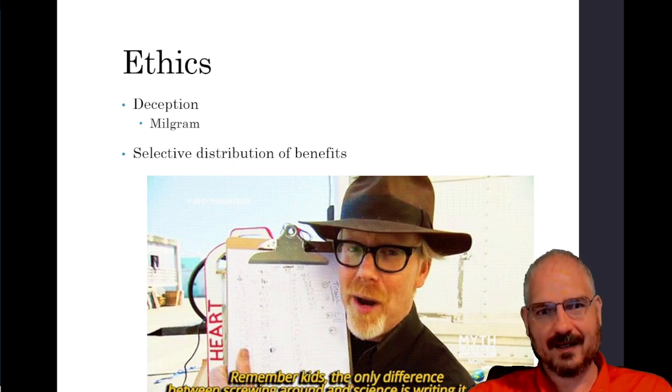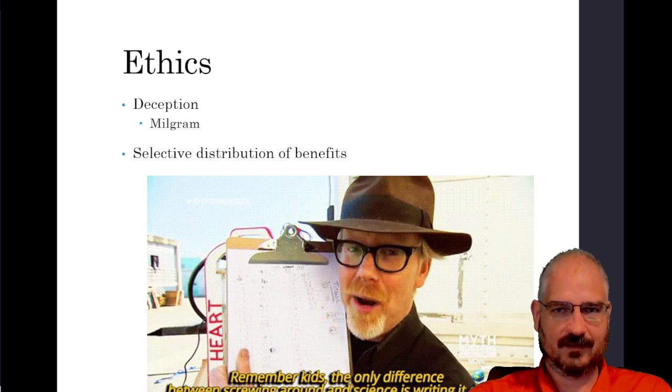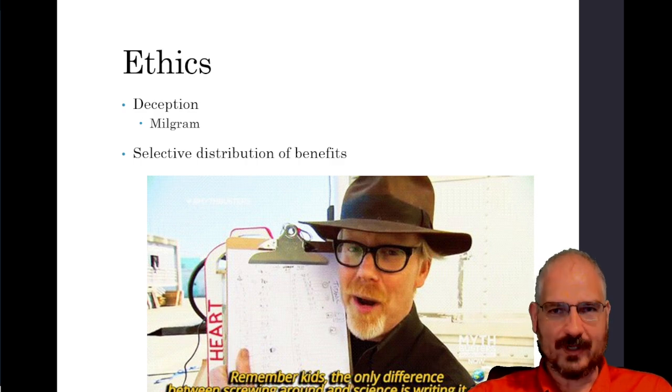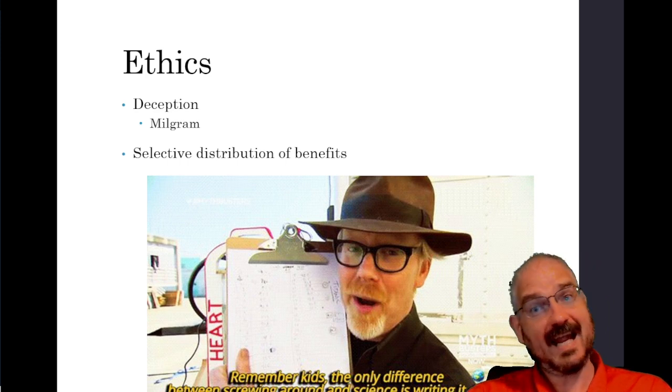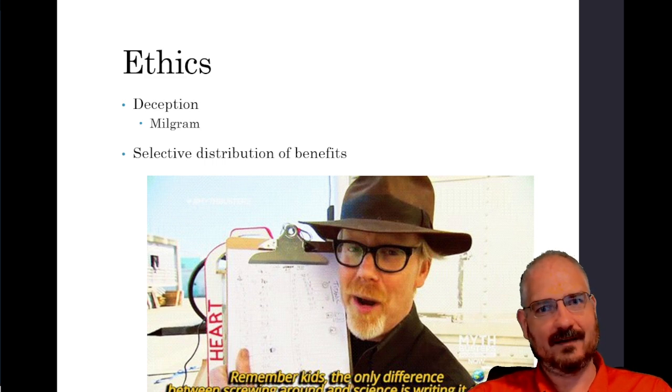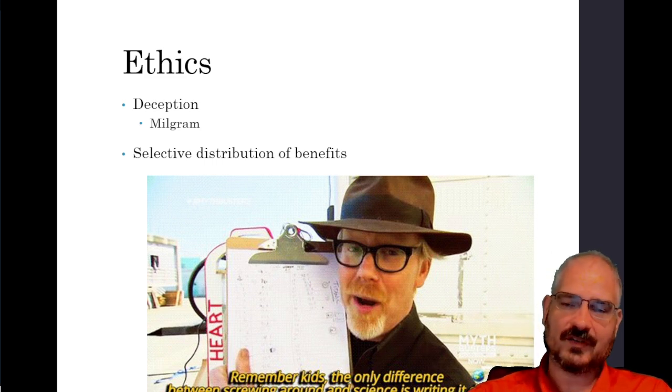It required them to not know that the learner was just an actor, right? And that deception is really, really, really difficult ethically, because occasionally it is in fact required to get accurate data. But once again, you have to look at that benefits outweighing the cost thing.